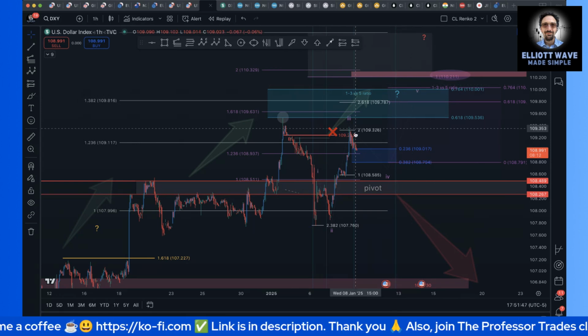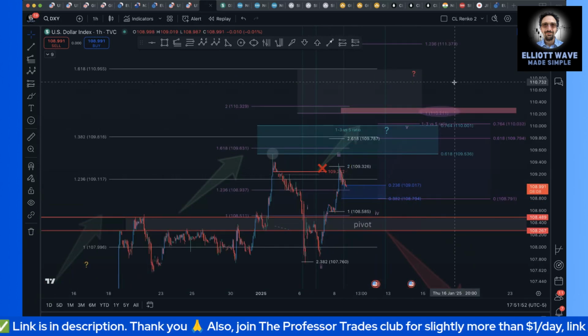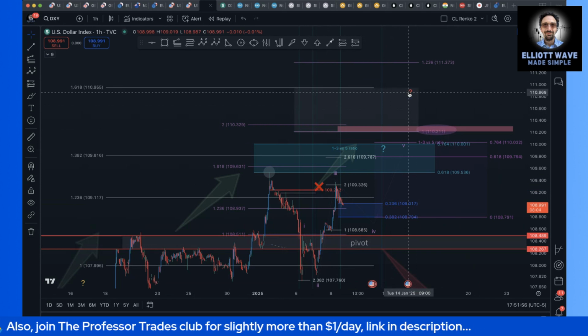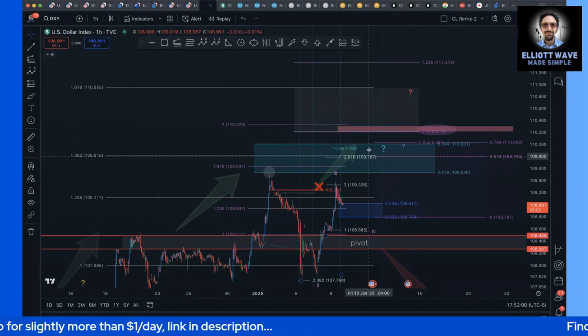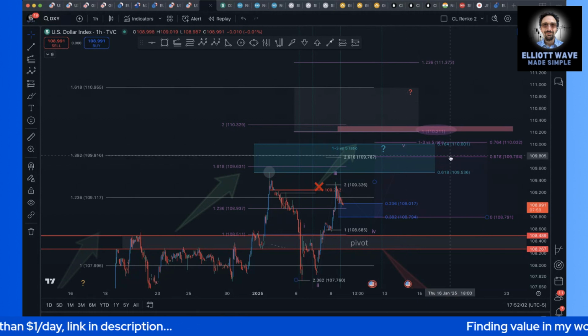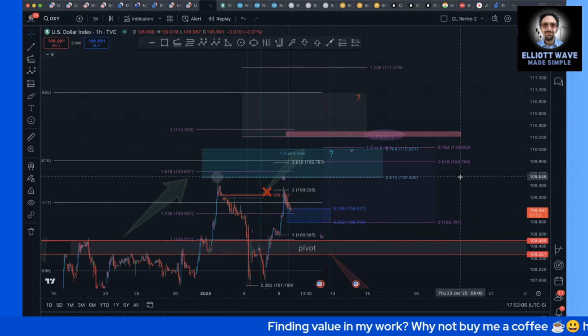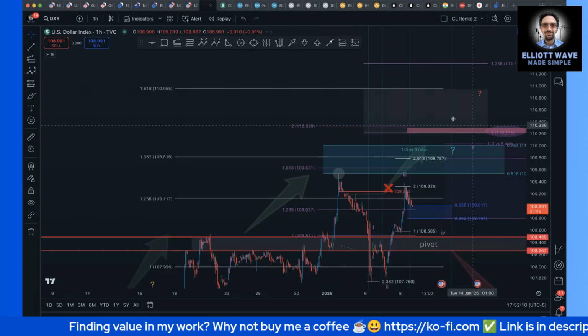If it catches bids and just starts ripping and plows through this resistance and doesn't get any resistance until up here, that's going to be the next clue. So if it breaks through this resistance right in this area, then the next area of resistance is going to be up here.